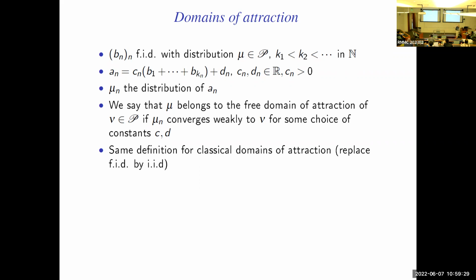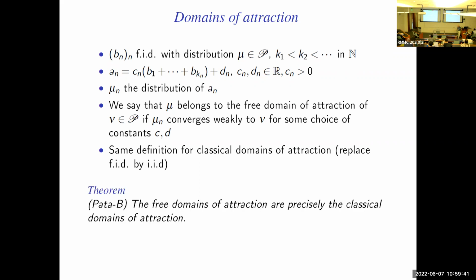In fact, that's where the concept first appeared, in the case of the classical convolution of measures. So you can define classical domains of attraction on the line, and this is what we managed to prove in the end, that the free domains of attraction are exactly the classical domains of attraction.